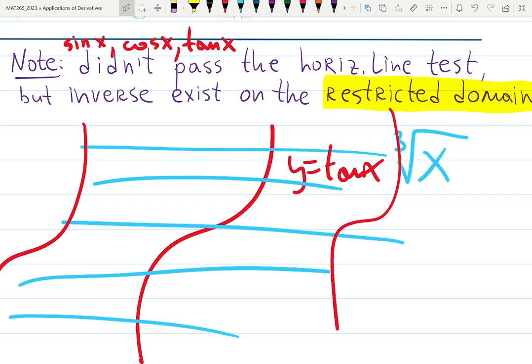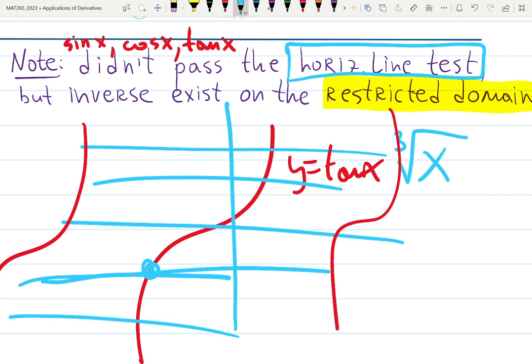Yes? So the horizontal lines, would that be a way of saying every output has only one input? Exactly. The horizontal line test says for one output, I have one input. Wouldn't that be a vertical line?